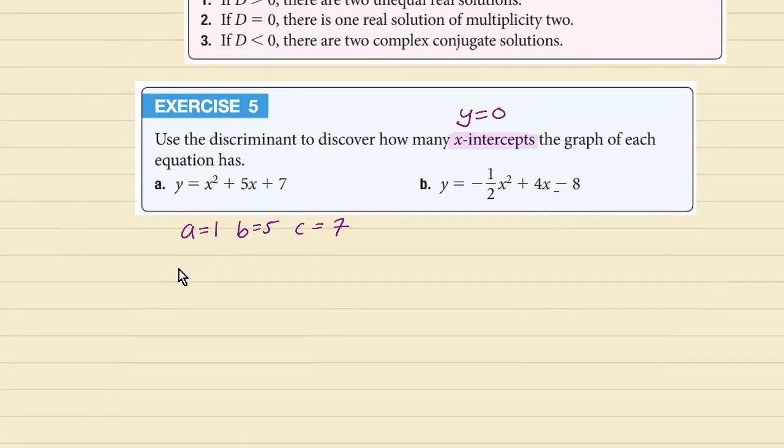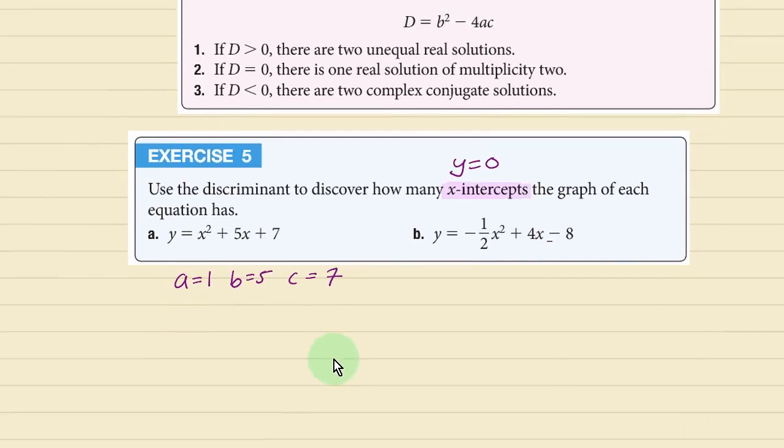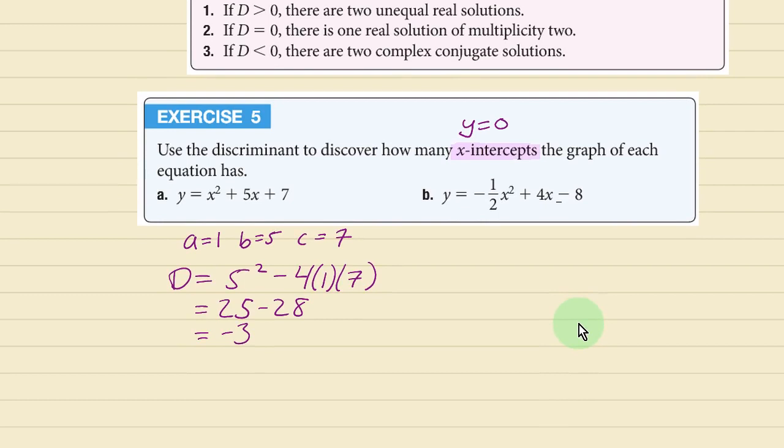And see, we're going to get D equals 5 squared minus 4 times 1 times 7. And that will come out to be 25 minus 28, which is negative 3. So that means this has no x-intercepts.